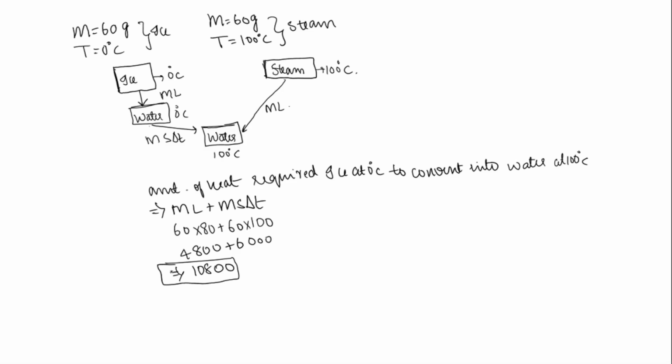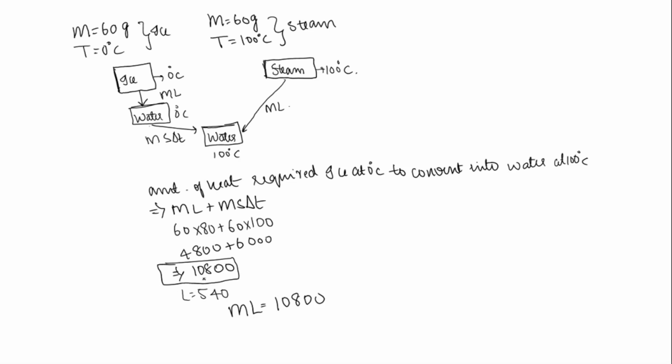This is the heat given by the steam to convert into water, and we know the latent heat of vaporization of steam is 540. So for the amount of steam that is converted into water, we can take mL. Here the formula is mL. mL is equal to 10,800.